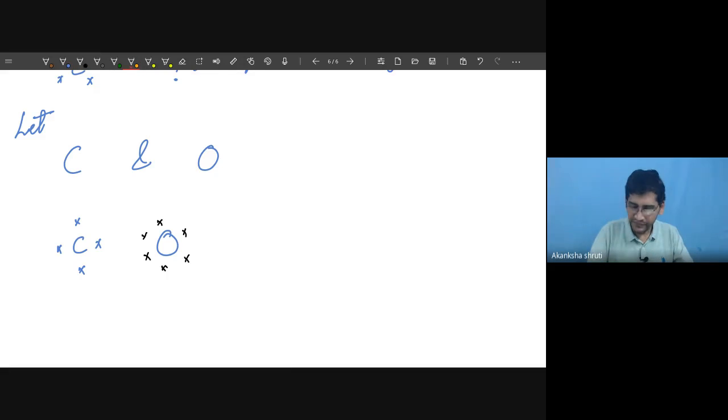If oxygen is there, oxygen has the tendency to gain 2 electrons. Oxygen does not have any problem in getting 2 electrons. But can this carbon give their 2 electrons? But the carbon cannot lose their 2 electrons. It means carbon shall not combine with oxygen, if you are thinking that way.